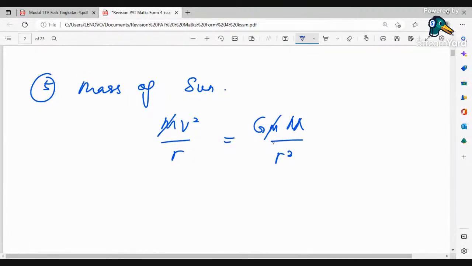Okay, so small m you can cancel, and then you substitute v with 2 pi r over T.